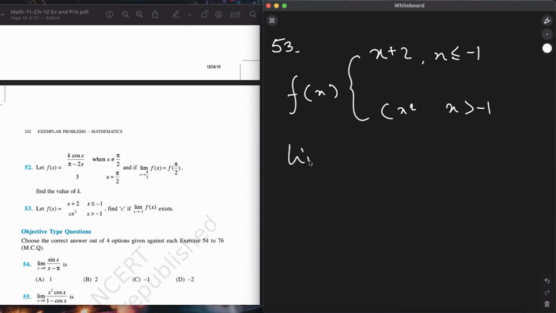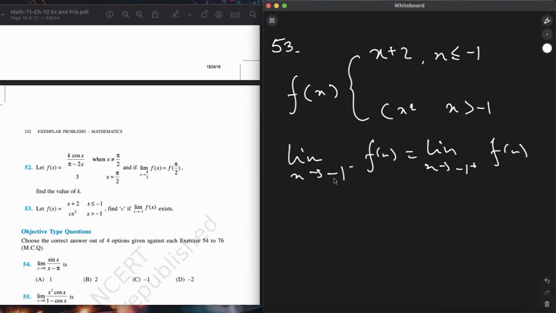So if I find the limit for x tending to minus 1 negative for f(x), it must be equal to the limit for x tending to minus 1 positive for f(x).